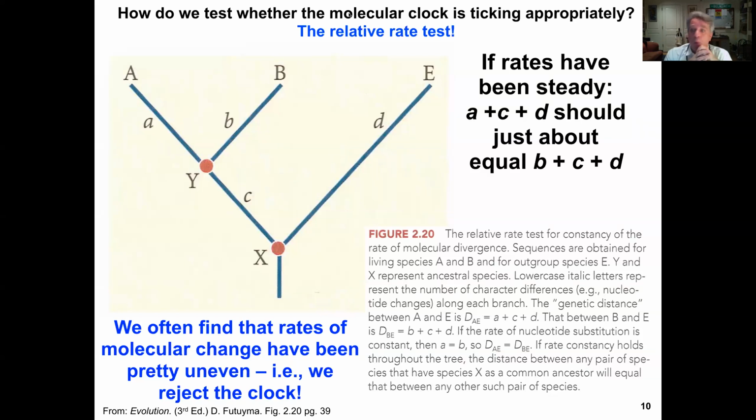Now, more often than not, rates of molecular evolution are not uniform among lineages. And when we are estimating the time-calibrated phylogeny, when we're estimating the divergence times, essentially we have statistical tools to account for the variation of rates that we may expect to encounter.